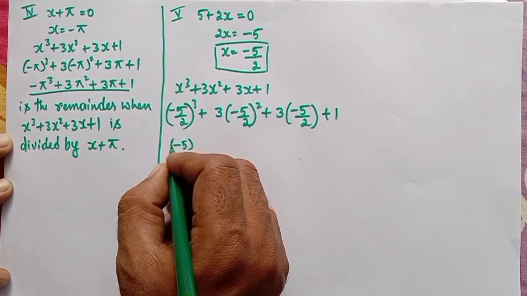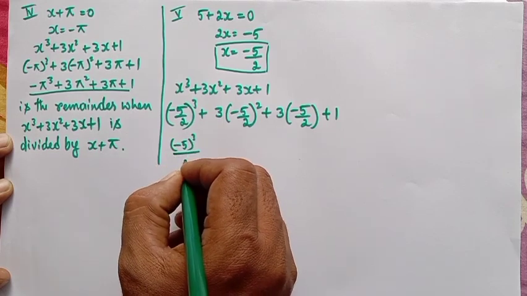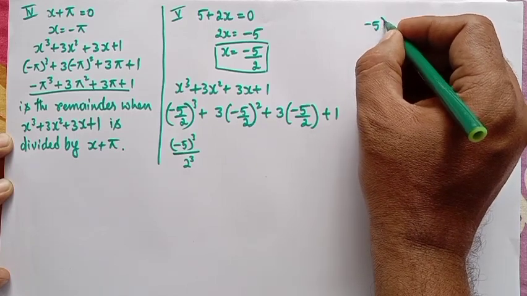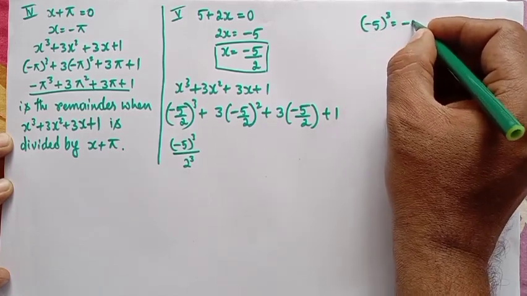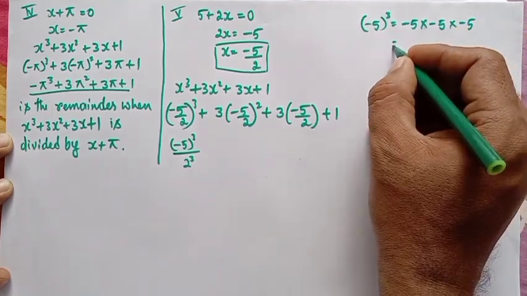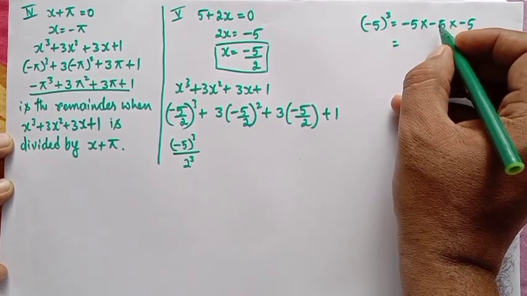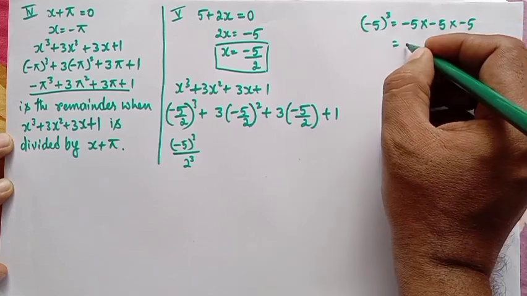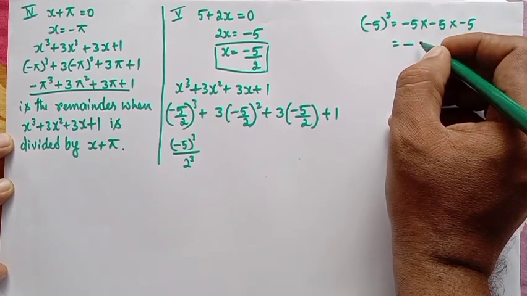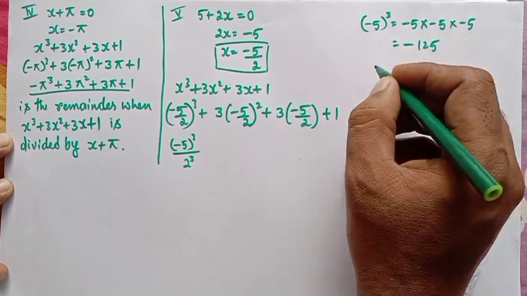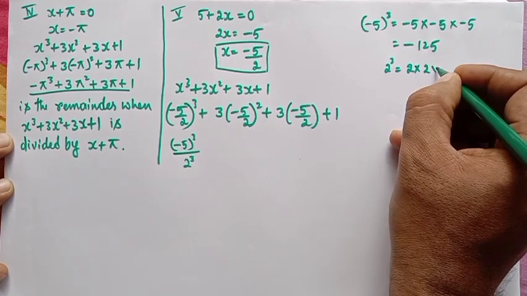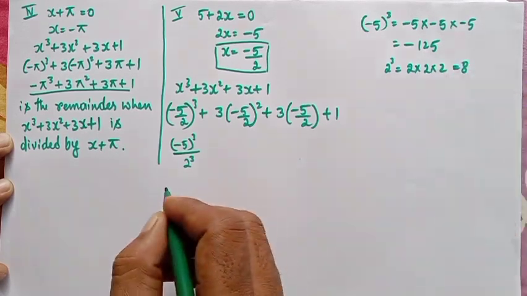Minus 5 whole cube by 2 cube. So minus 5 whole cube is minus 5 into minus 5 into minus 5. Minus into minus is plus, plus into minus is minus. 5 fives are 25, 25 fives are 125. Likewise 2 cube is 2 into 2 into 2, which is equal to 8.